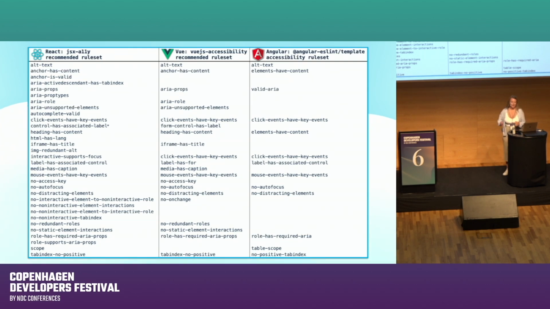The Vue.js accessibility plugin came later and superseded a separate Vue.js A11Y plugin that was actually no longer being maintained. The accessibility rule set for Angular is in the Angular ESLint template plugin, which will be installed and available to you if you're already using Angular ESLint. I myself am a member of the Angular ESLint organization.